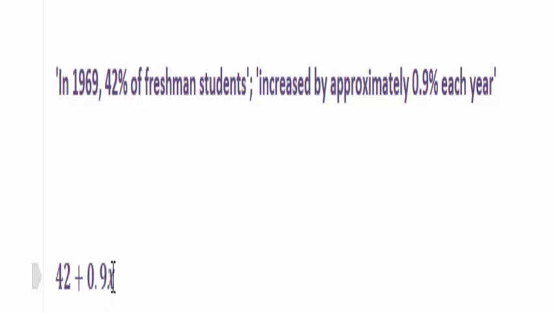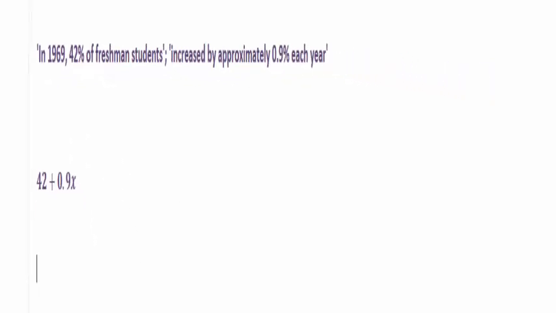So if it was just 1 year, I'd add 0.9, 2 years, 1.8, 3 years, 3 times 9 is 2.7, so I'd add 2.7, and so on and so forth. Notice I didn't change these, but I could have. I could have changed these to 0.42 and 0.009, but I did not, because I know that I'm going to be able to cancel that decimal idea.